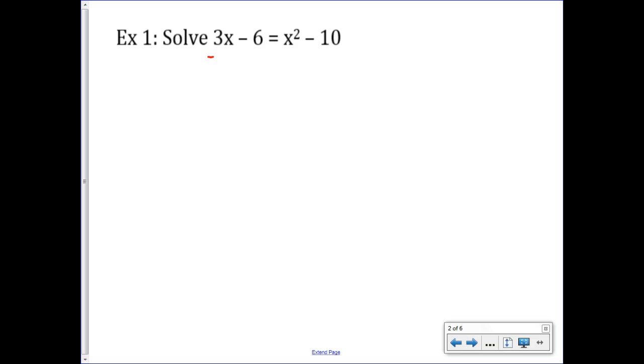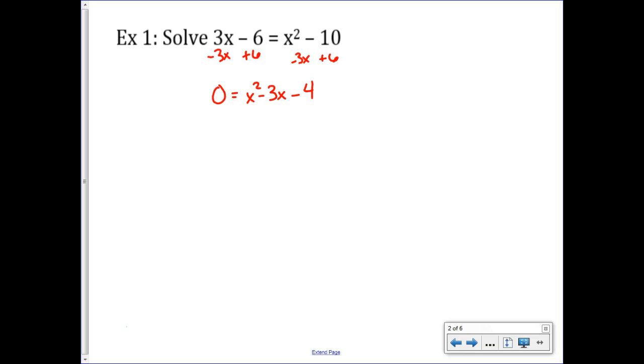So if I move over the minus 3x, and then I move over plus 6, then I'm left with 0 on the left and x squared minus 3x minus 4 on the right hand side.